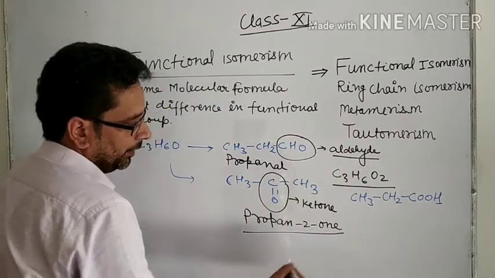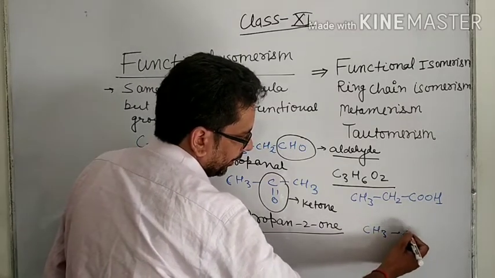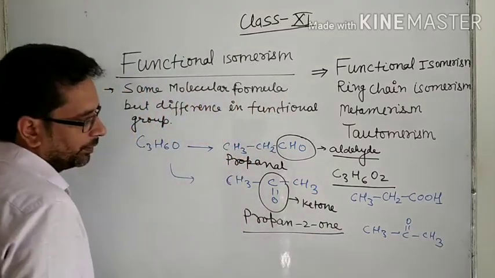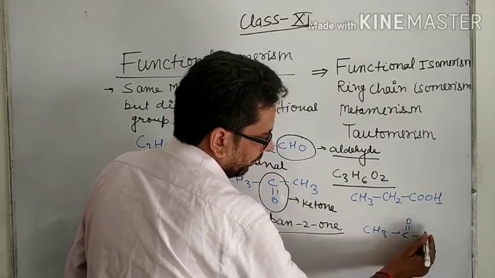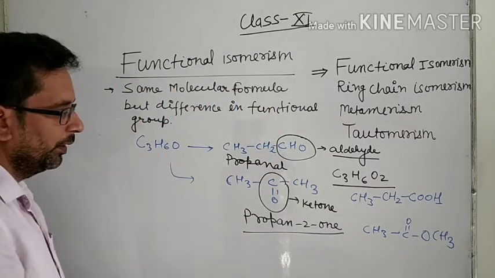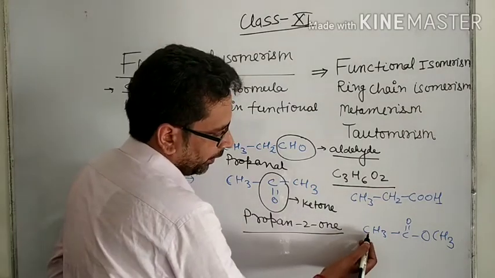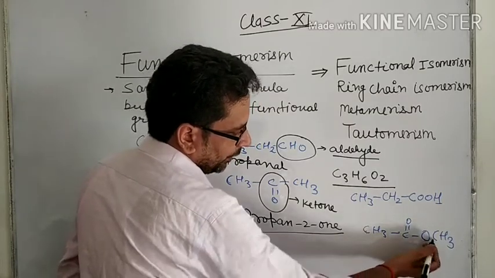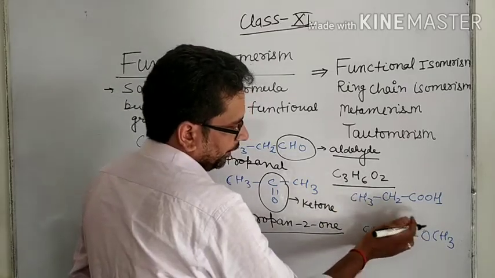Next I am going to draw the second structure, CH3 C double bond O, O CH3. Count: 3 carbon, hydrogen 3 plus 3 is 6, oxygen 1 and 2.